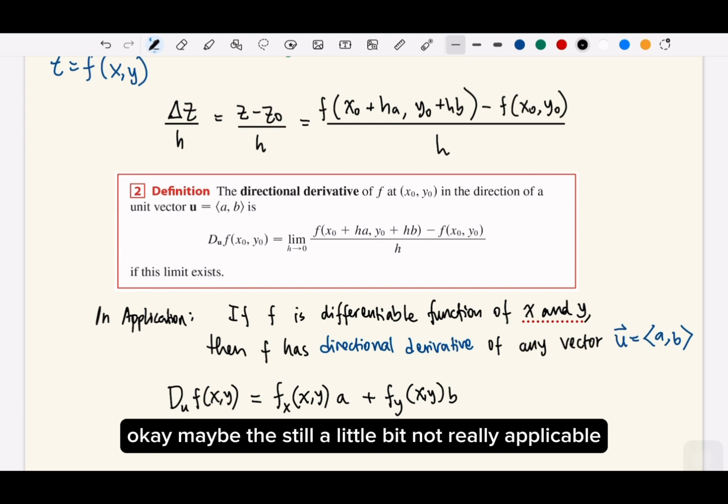Okay, maybe still a little bit not really applicable. Let me give you some example.